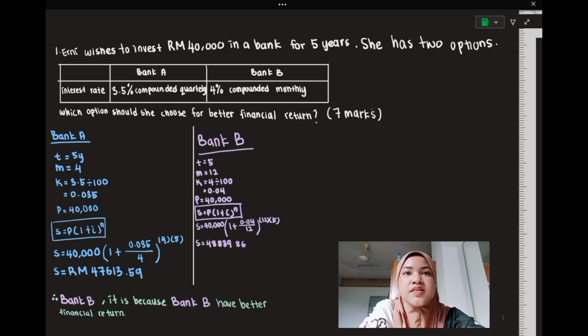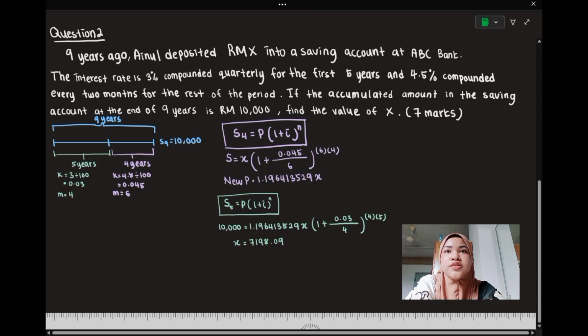So the final answer: the bank she should choose is bank B because its final return is higher than bank A.